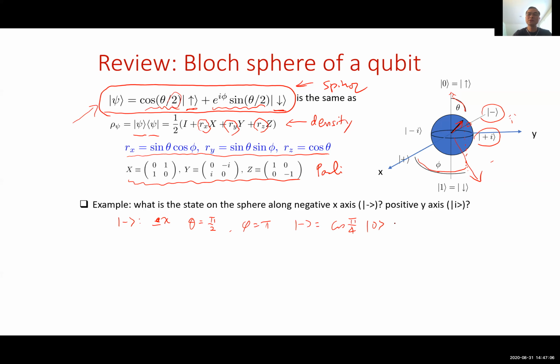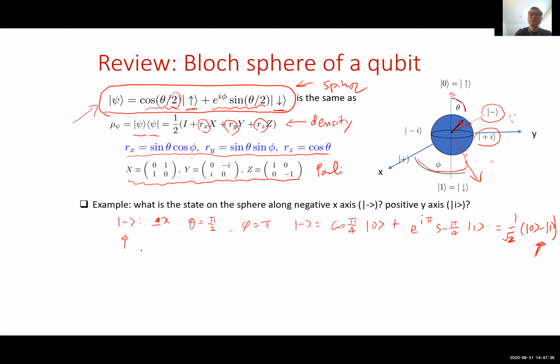So let me just write as 0. e to the i phi is pi, sine pi over 4, 1. Okay, so this is 1 over square root 2, 0 minus 1. So that's why there's a minus here in the labeling, right? Because that reflects the phase here.